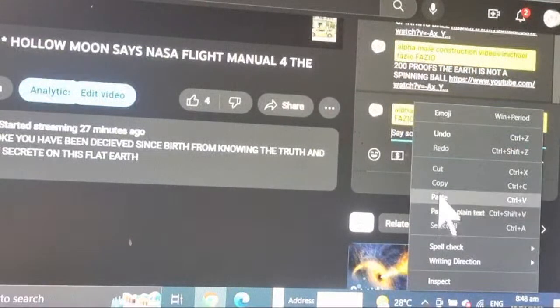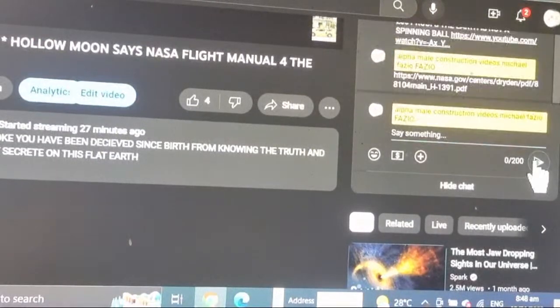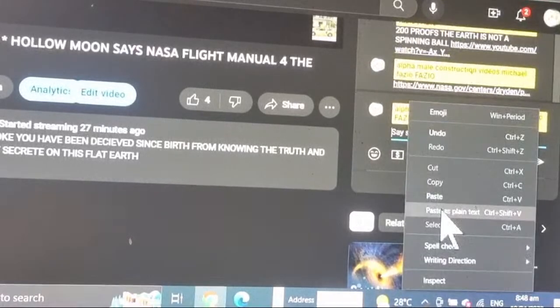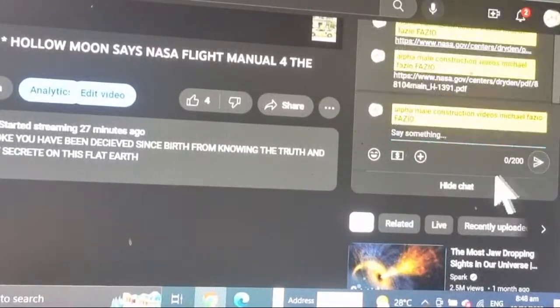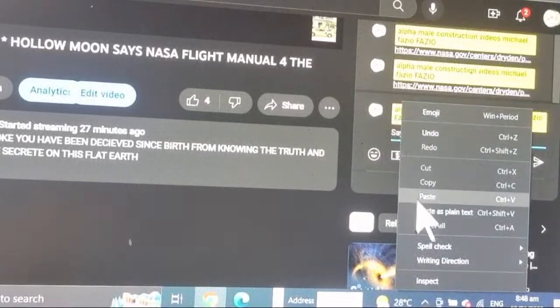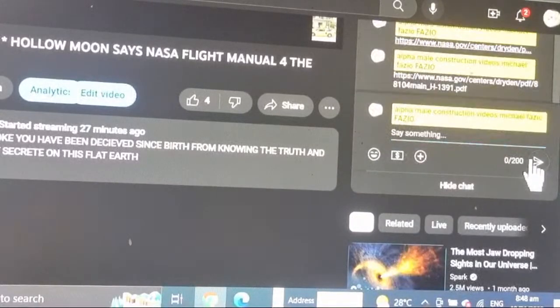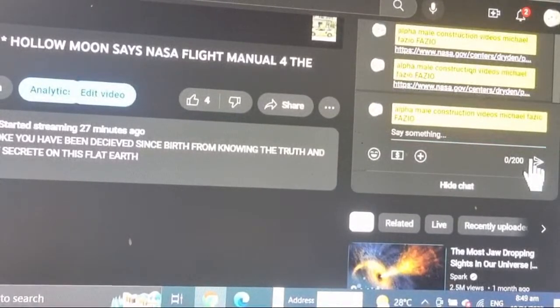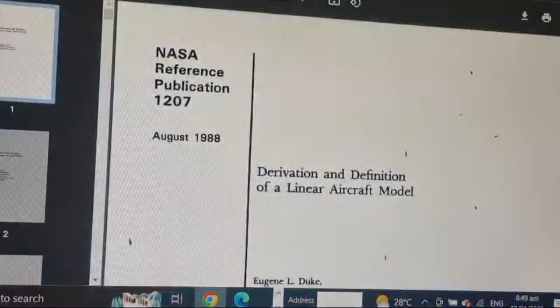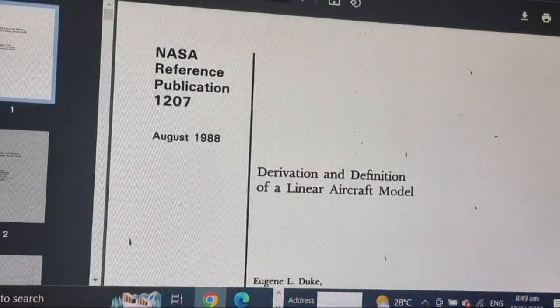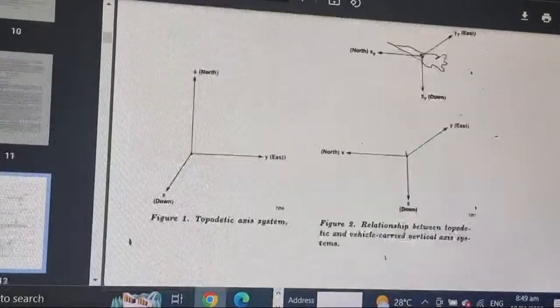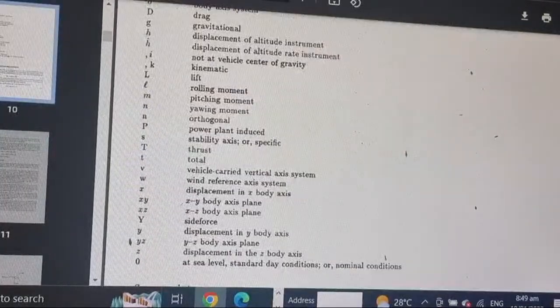This is real, and this is why. This is what they don't want you to understand. Now, they have other reasons for you not to understand this. It would destroy your belief that the government is telling you the truth about anything, basically.